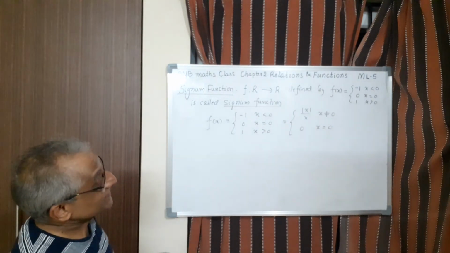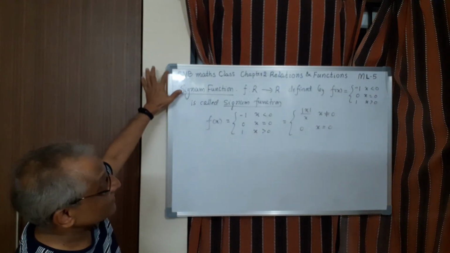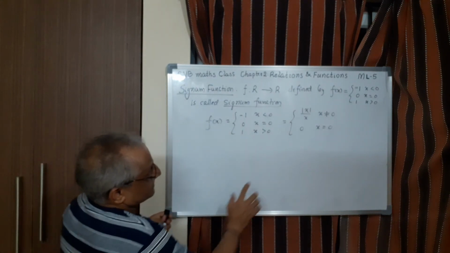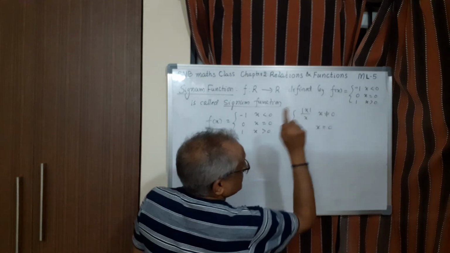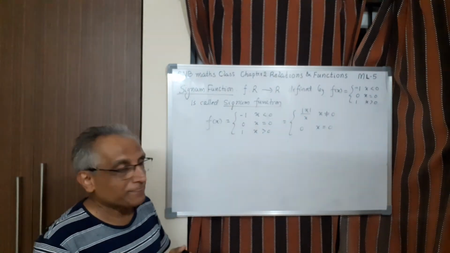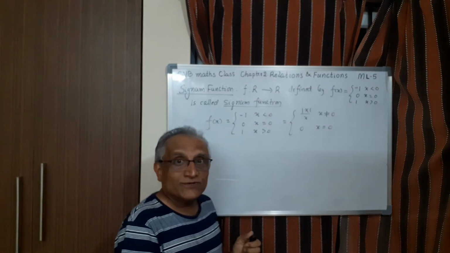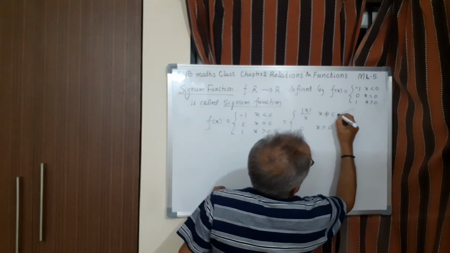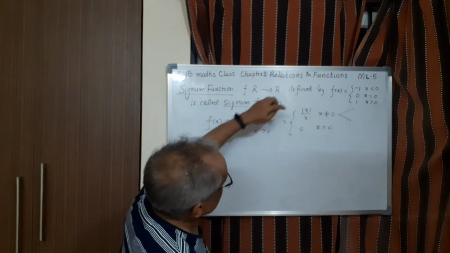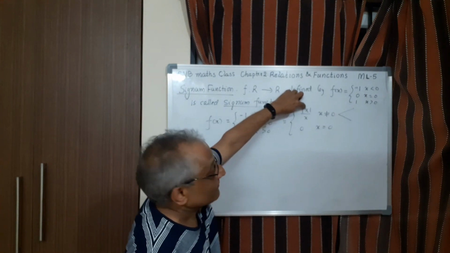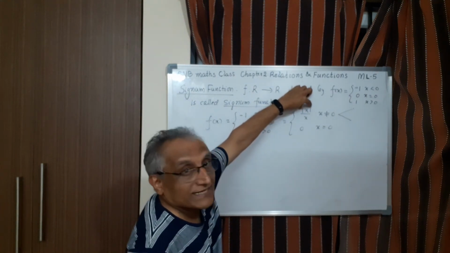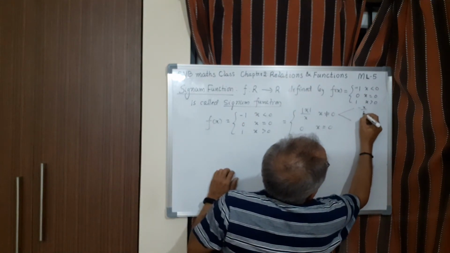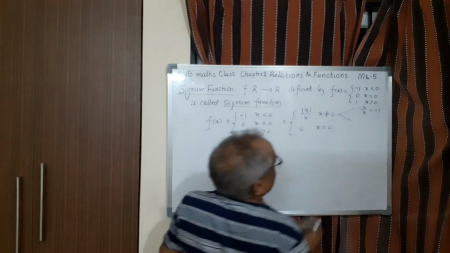If you understand the definition of the modulus function, this is very evident. See, suppose x is not 0, what are the possibilities? It can be negative or it can be positive. Therefore, you can split this into two cases. Suppose you take x negative. Whenever x is negative, mod x is minus x. So I have to take minus x by x, which is minus 1.